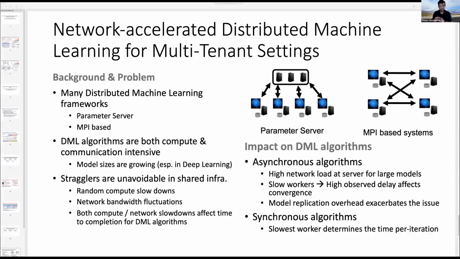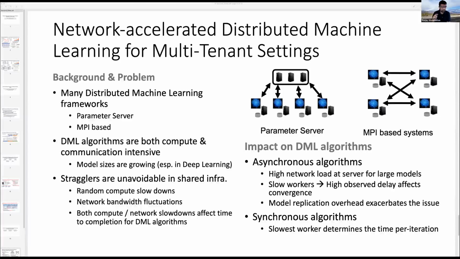The second one is the MPI-based systems, where instead of having servers and workers, you have end nodes that use MPI-based communication, typically all reduce, to run synchronous SGD in a distributed fashion and keep updating the weights. This is super popular, with many accelerators being built for MPI-based systems, like NVLink from NVIDIA.